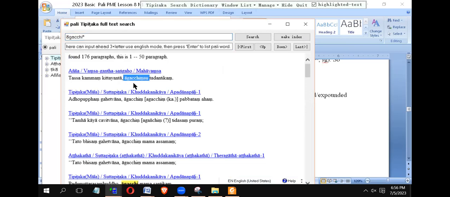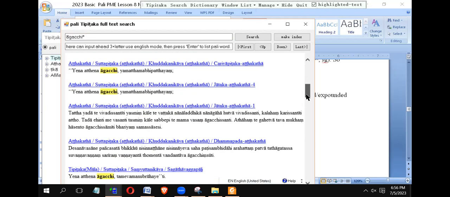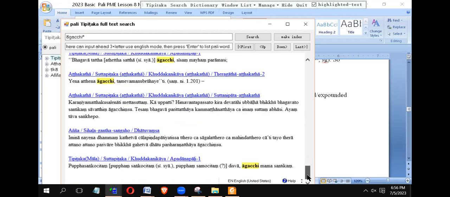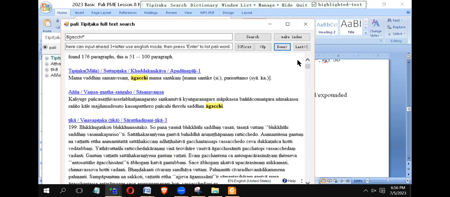Chimsu, you can see Chimsu. This is the third person plural. This is the first person. So what else is shown here? Third person agachi. Maybe there are only about 150 examples, so let me scroll down some more.